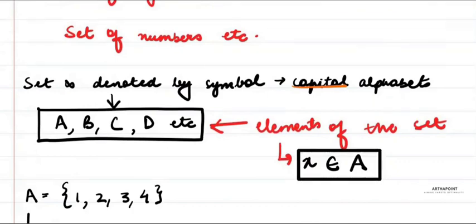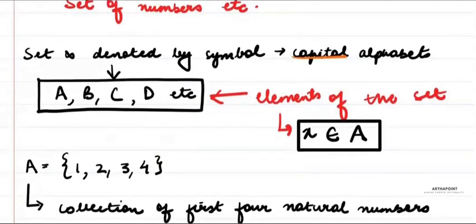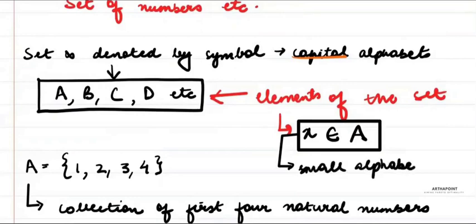So whenever you see small alphabets, they always represent elements of the set. Whenever you see capital alphabets, they represent the set in itself.